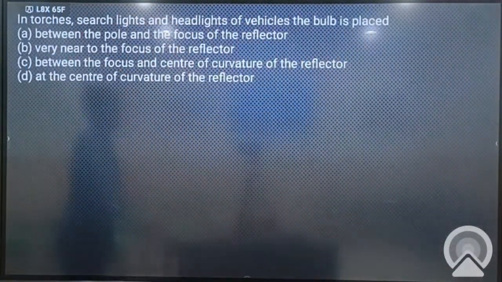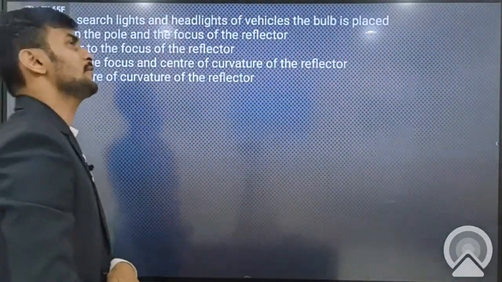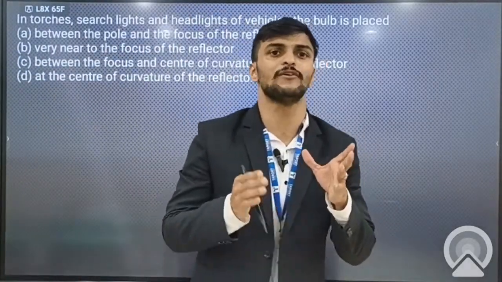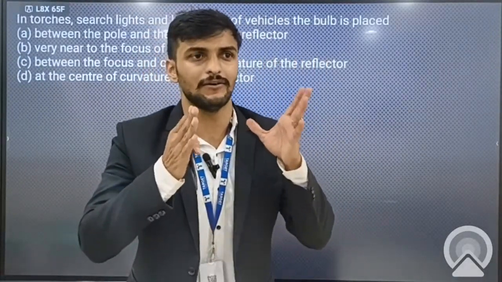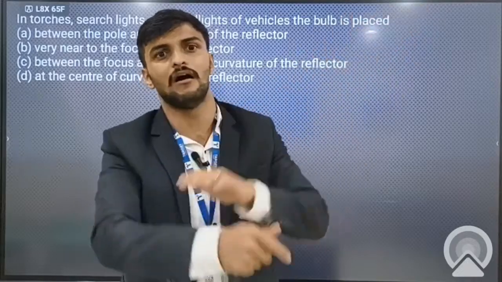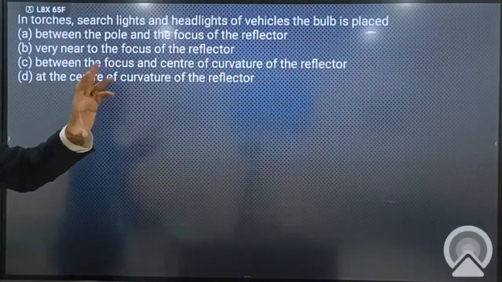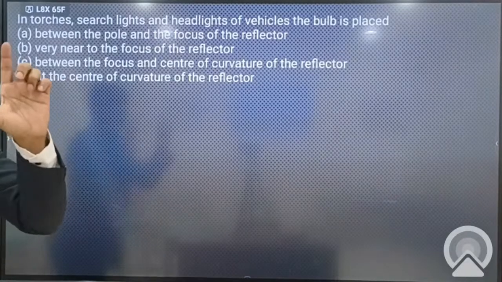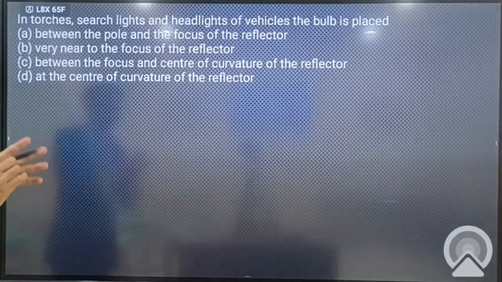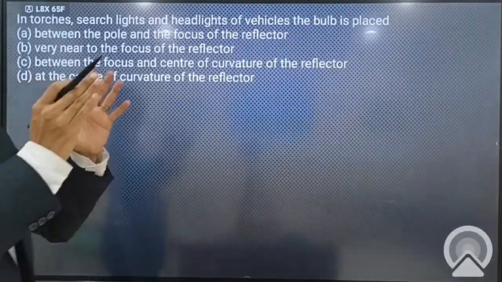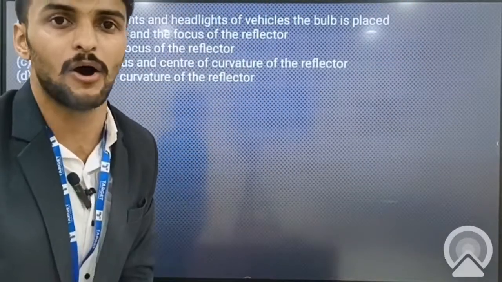In torches and searchlights, why are we using them? We want the light to travel a long distance. So think, my object is the bulb. Where should I place the bulb in order for the light to travel a long distance?